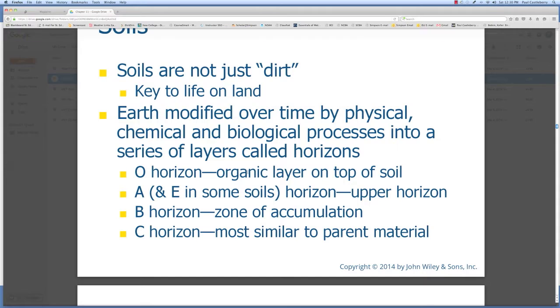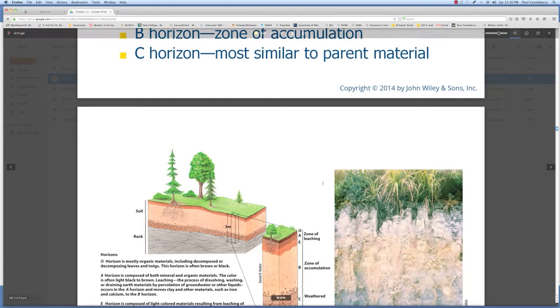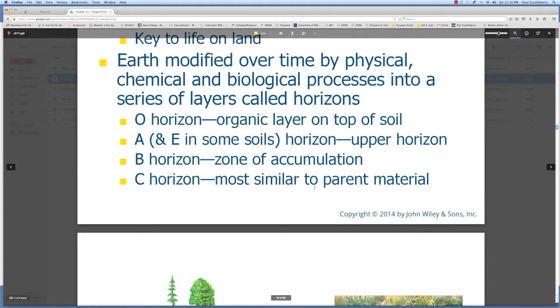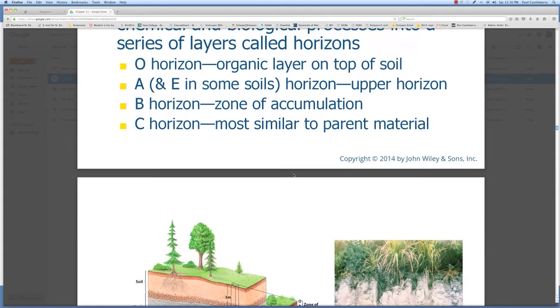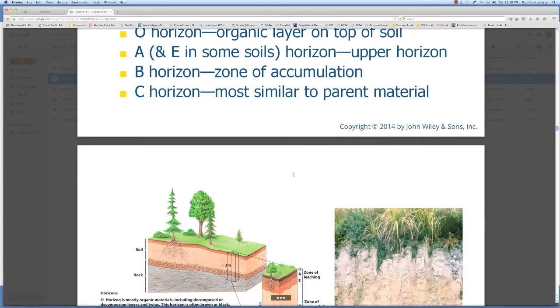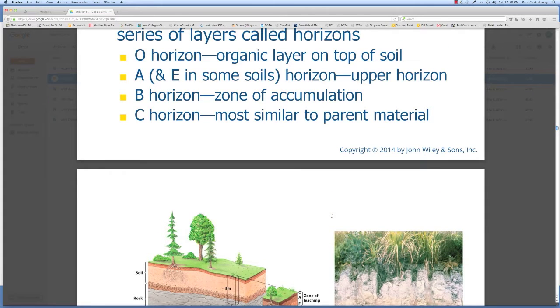That's the organic layer. That's on top of the soil and just maybe an inch or two underneath the soil. And then you have what we call the A, and in some soils the E horizon. That's this upper horizon here. So this whitish area, we call that the A horizon, and we'll talk about what each of those horizons are made up of.